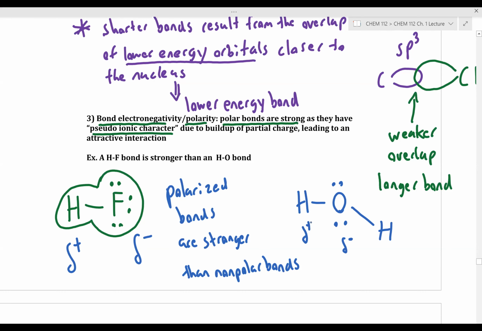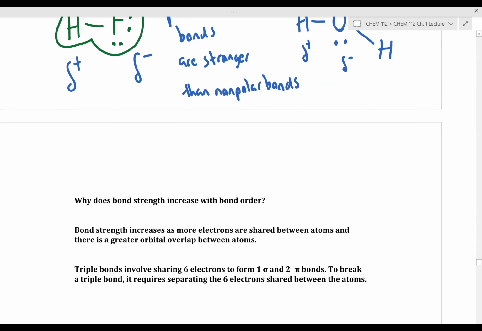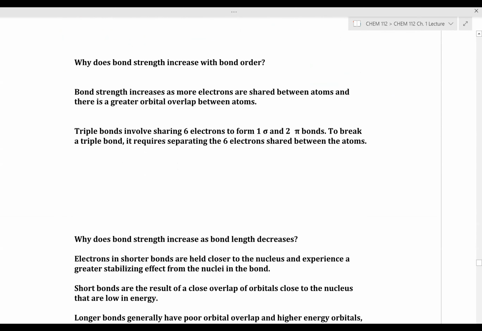Okay, let's now talk a little bit about bond length. We discussed previously the reason why bond strength increases with bond order. Essentially, triple bonds involve sharing 6 electrons. And to break a triple bond, you have to separate your 6 electrons between atoms.